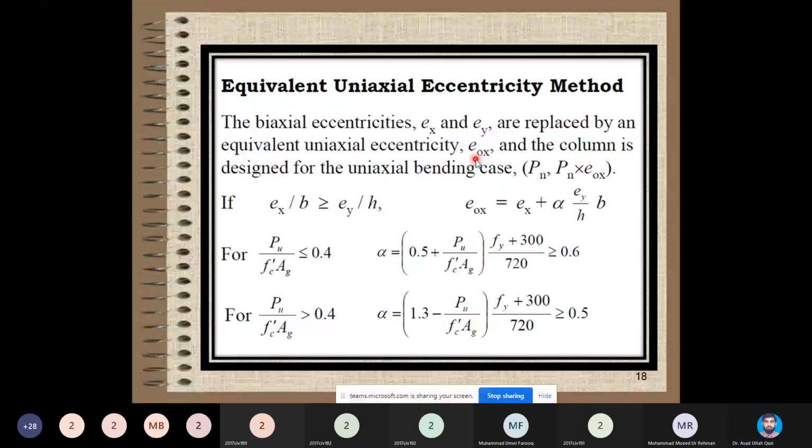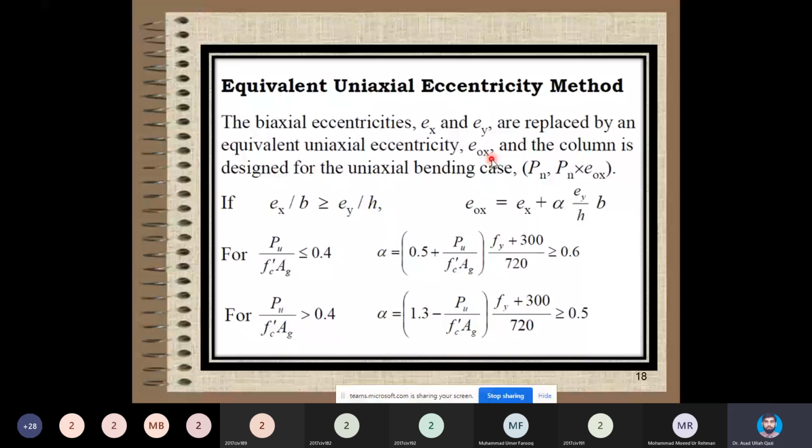So in this case, you have the eccentricities Ex and Ey, and you have converted them into one single eccentricity. Suppose in this case we are converting Ex and Ey into one single eccentricity e0x.